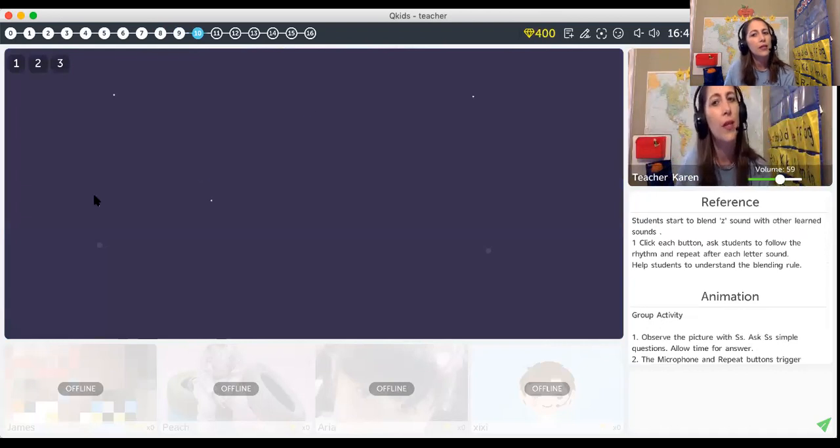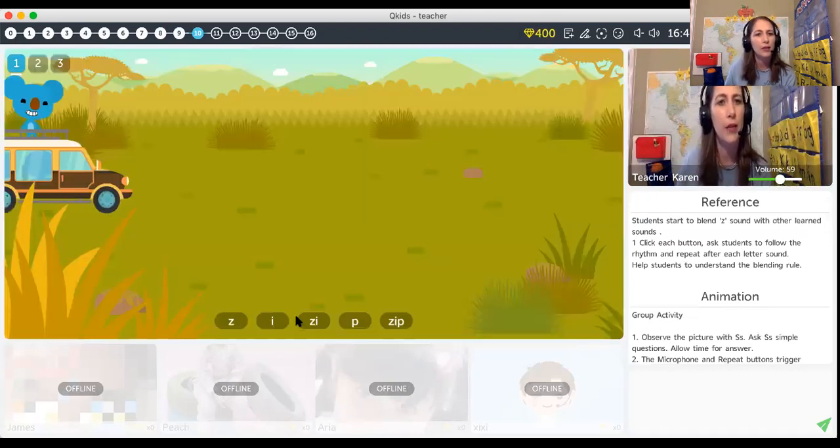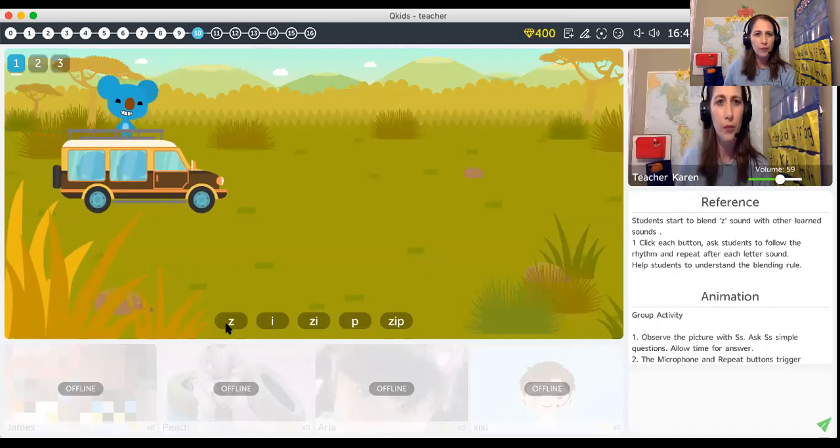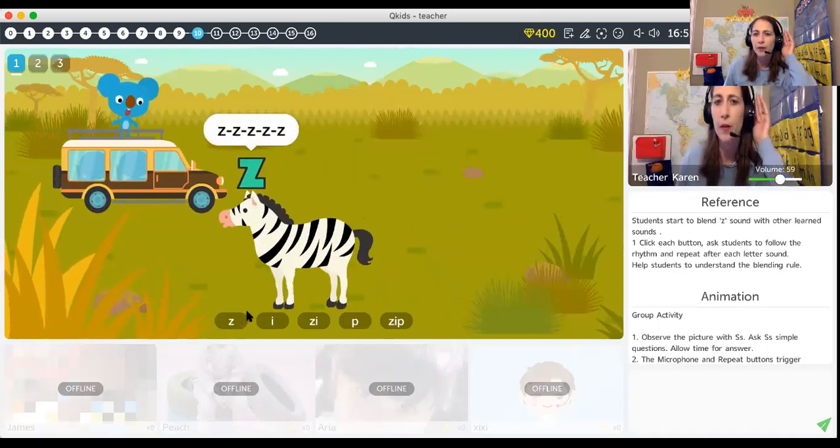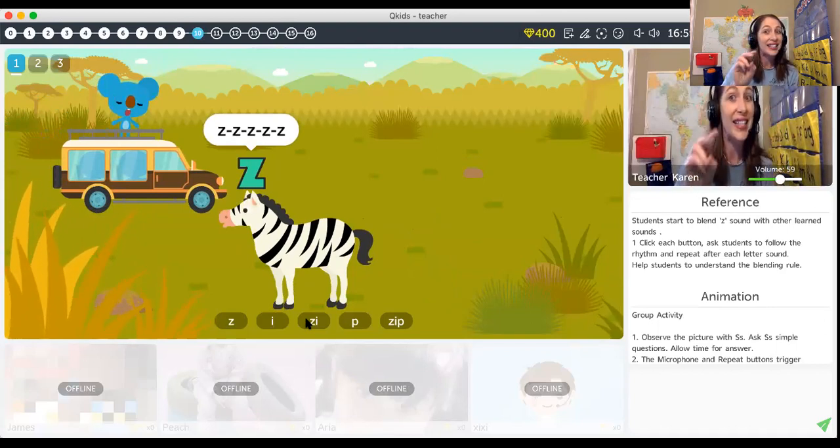All right, so this one, this is where they're learning to blend the sounds. So they'll just repeat after the computer. All right, so they'll do it 5 times. Zzz, zzz, zzz, zzz, zzz.